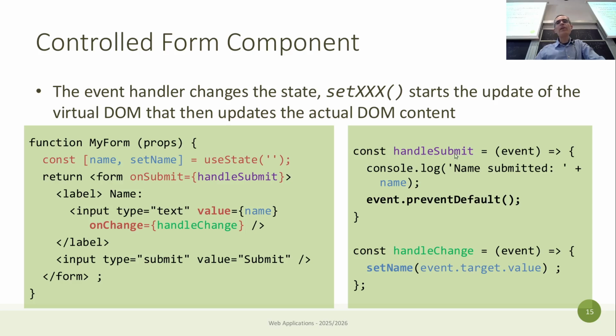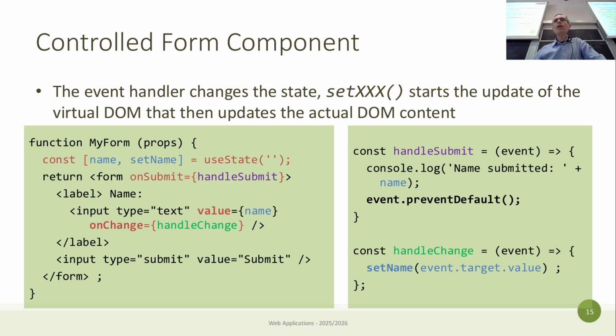And then the handleSubmit function. The handleSubmit function runs on the onSubmit event. The onSubmit event is only generated by a form when the user presses a type submit button, or maybe does some other actions like pressing enter and stuff like that. And the browser interprets this behavior as the submission of the form.